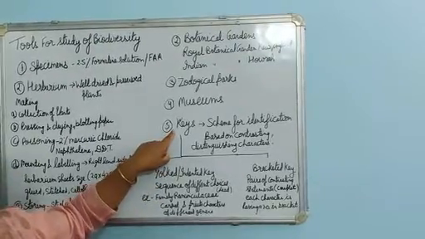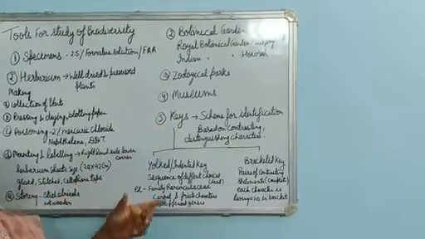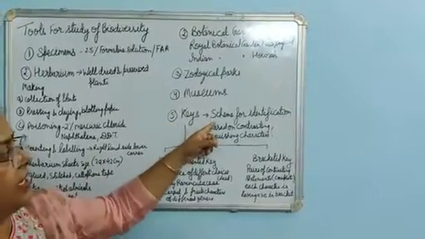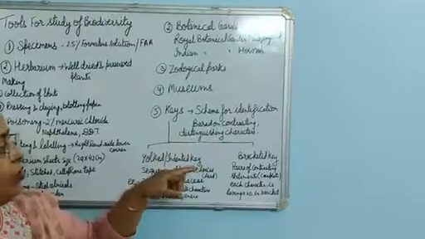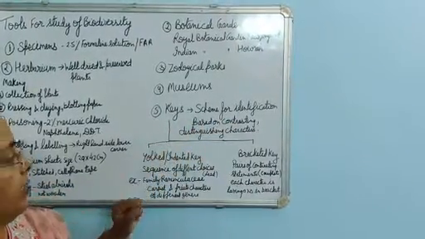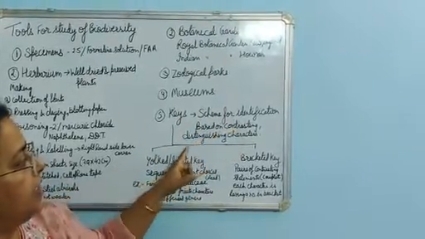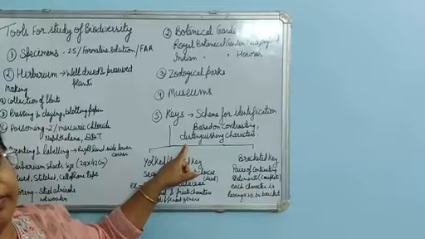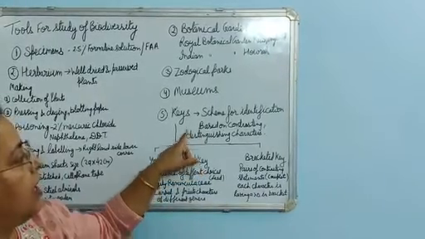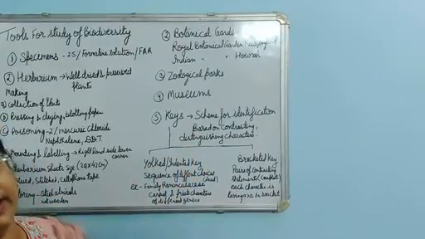Next thing is keys. As the name suggests, keys are an easy, systematic scheme that we can use for identification of different plants or animals. The keys are based on contrasting and distinguishing characters.